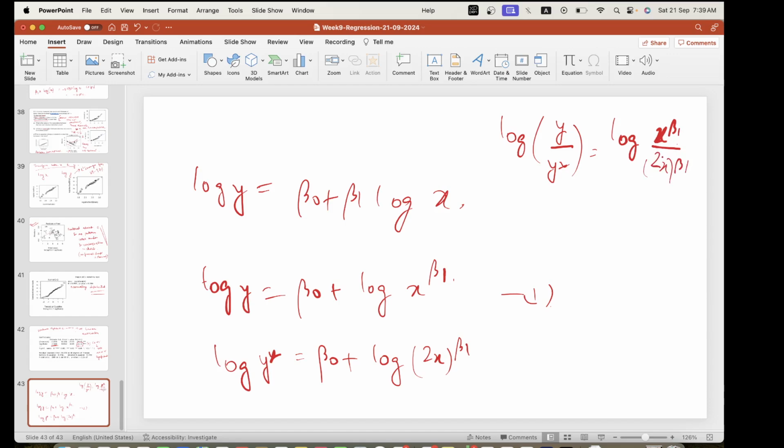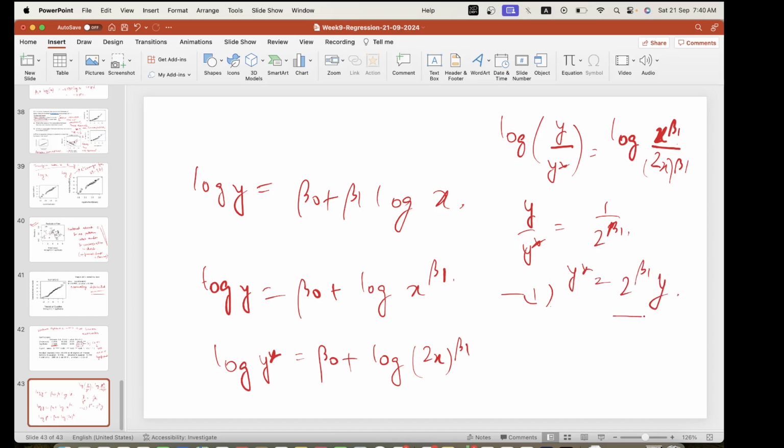So that would be half. So y by y star will be 1 by 2 to the power beta 1. So y star will be 2 to the power beta 1 times y.